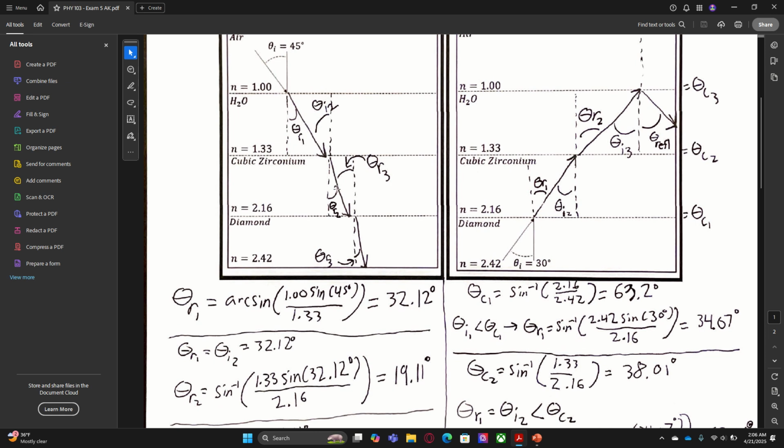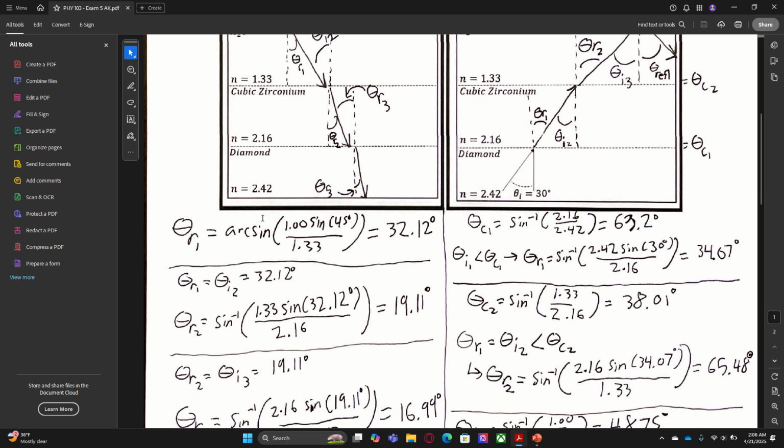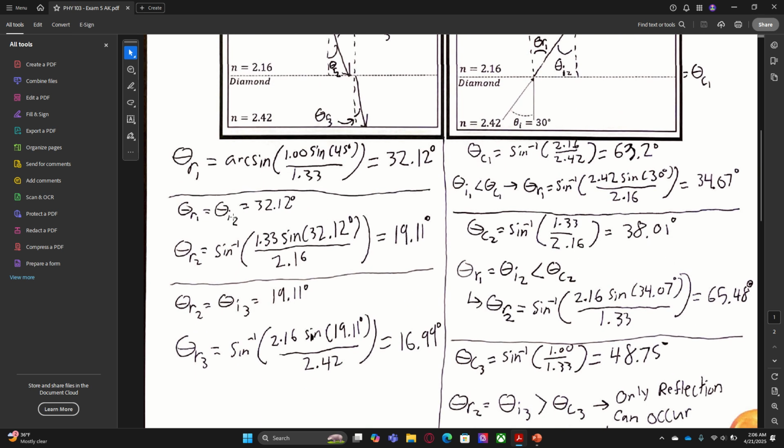So let's solve for theta R2, the refracted angle after leaving the second layer. Again, theta I2, our new incident angle in our second layer, equals the refracted angle from the first layer. So 32.12 degrees equals theta I2.